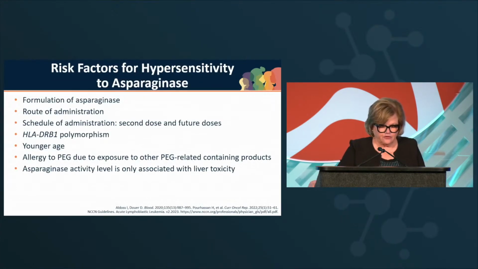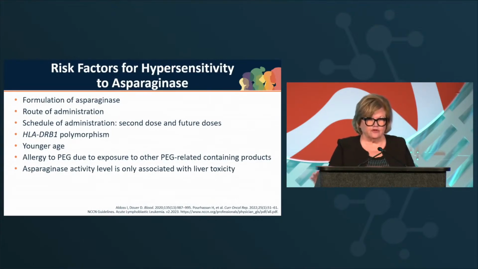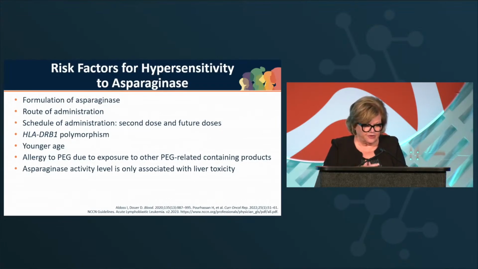And our risk factors for hypersensitivity to asparaginase, we know, is the formulation. We know it's greater with pegylated asparaginase. Is it the route? Is it the schedule? We know it's more often to occur with the second and future doses.